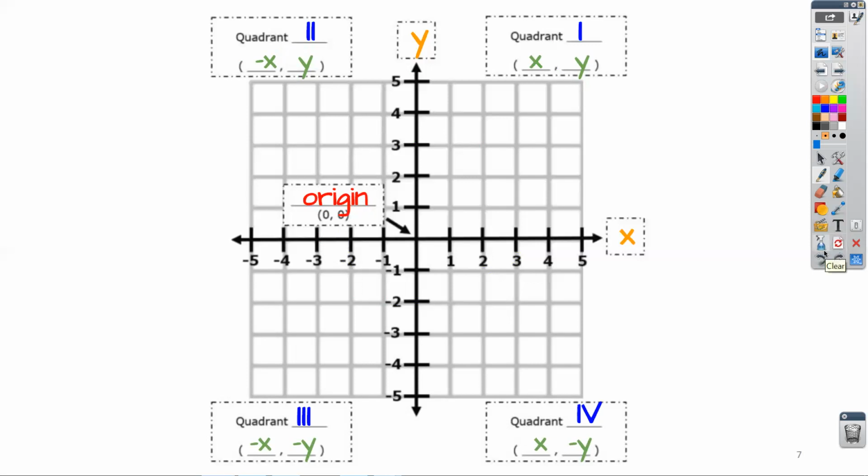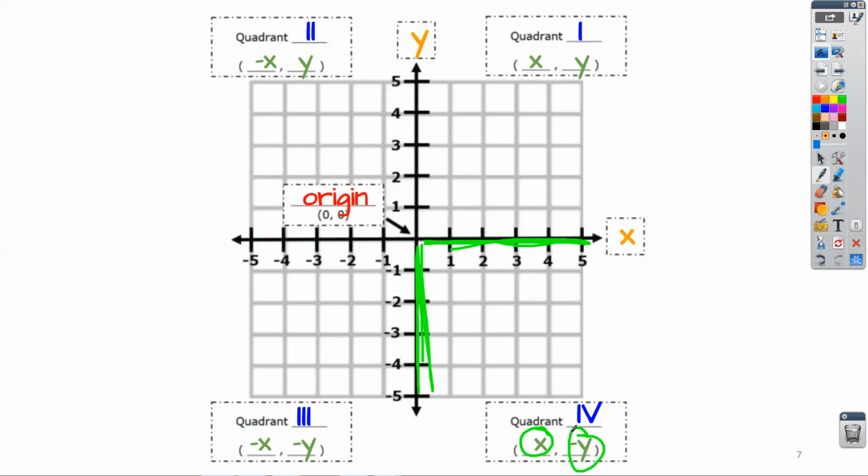And the same thing with 3 and 4. Quadrant 3, X's are negative, Y's are negative, which is why it's negative X, negative Y. And in quadrant 4, X's are positive and Y's are negative.